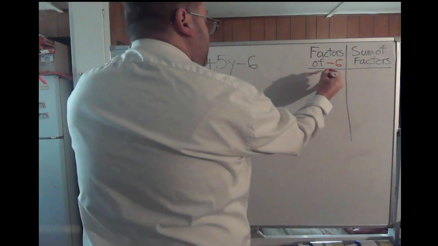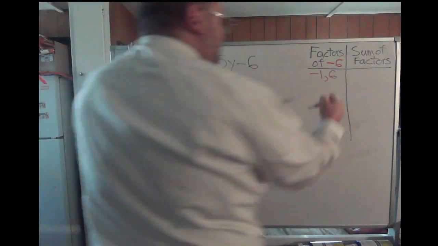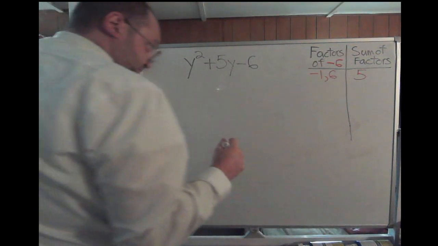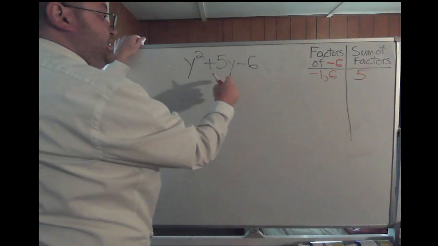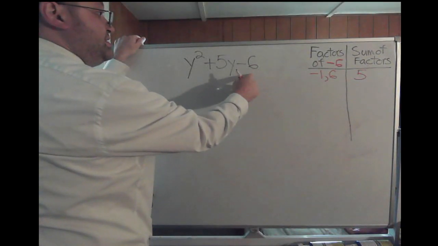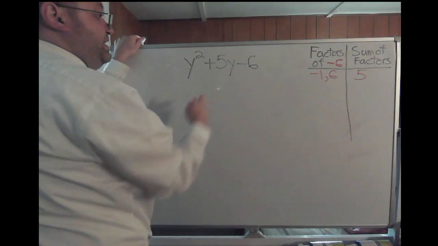So let's find factors of negative 6. We could have negative 1 and positive 6. You add those together, well, negative 1 and positive 6 actually gives you positive 5. So you're right there at it. Because if you multiply negative 1 times 6, you'll get that negative 6. But if you add the factors, you'll get that middle constant of positive 5.